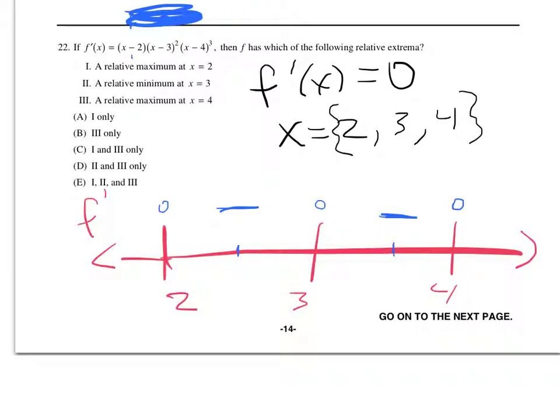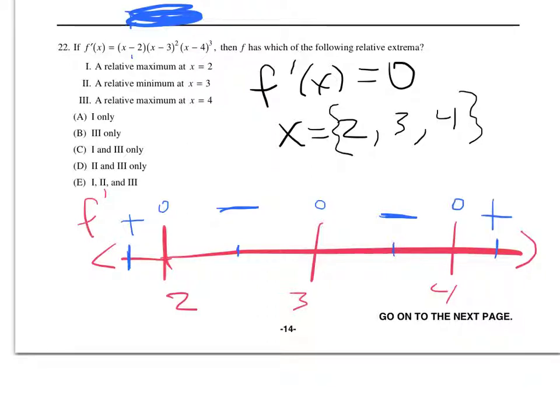When I plug in 1 over there, that would give me a negative here, positive here, and a negative here. So that gives me an overall positive value. And then when I plug in 4.5, that gives me positive, positive, and positive. So it would give me a positive here.